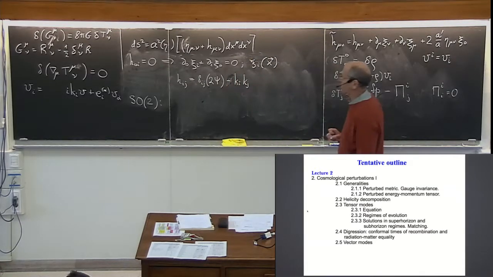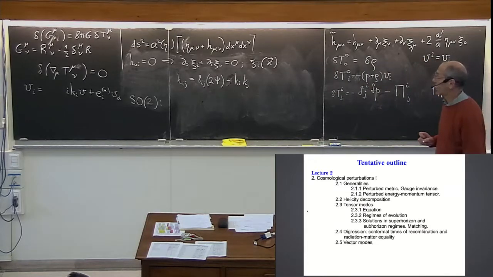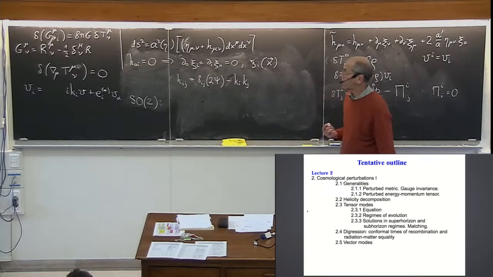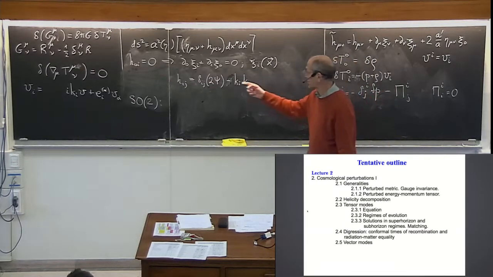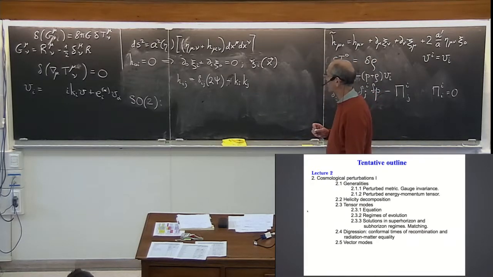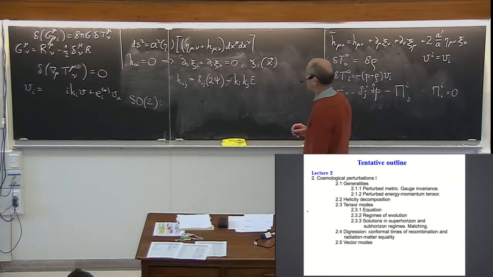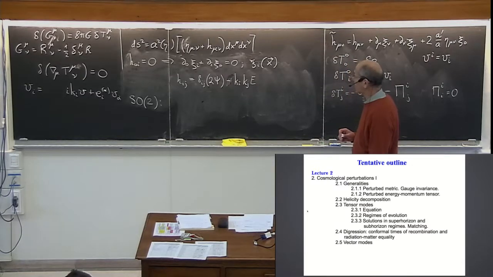But anyhow, you also have another term which is, let me call it, minus ki kj. Again, this quantity doesn't change when you rotate your frame around the momentum. This goes along the momentum. So let me call it E. And then you have a couple of other terms.